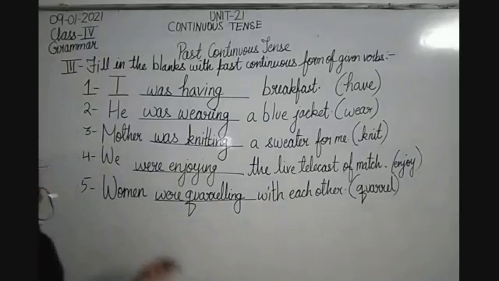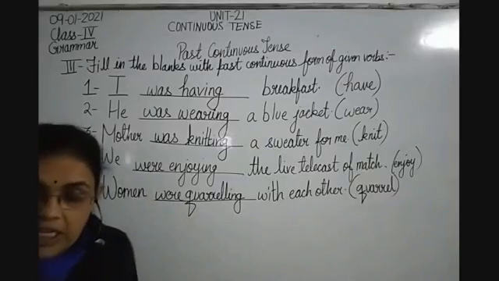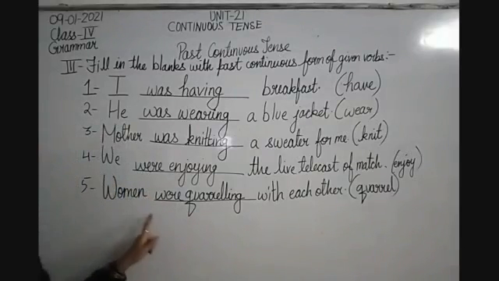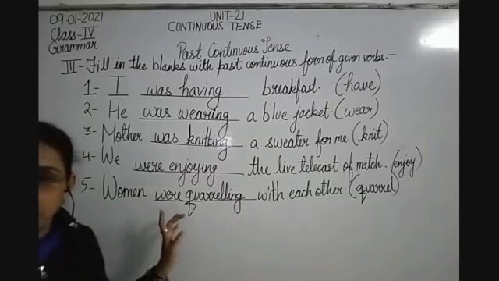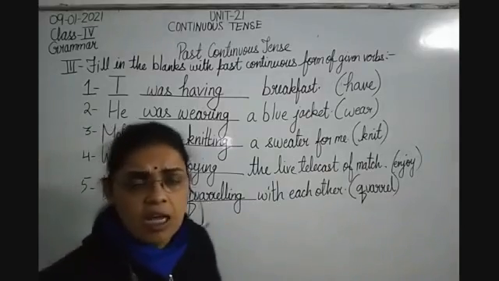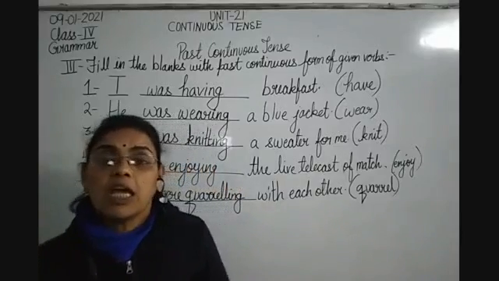So I hope children, all of you have completed these 5 fill in the blanks of exercise 3, keeping in mind that in past continuous tense the helping verb changes as per the subject. If your subject is singular noun, he, she, it, हम was plus ing form of verb use करेंगे.